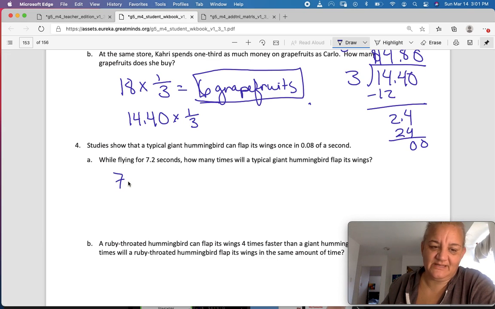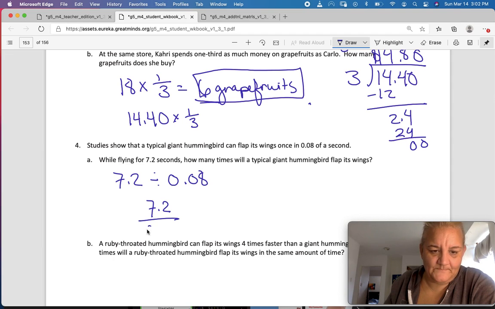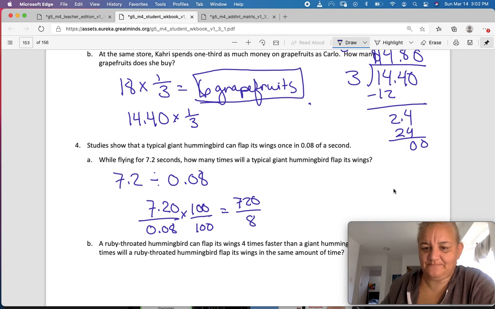So we have 7 2/10 divided by 8/100. Okay, so I'm going to rewrite that as a fraction. I'm going to multiply that fraction by 100 over 100 so that I can move those decimals, and my new answer is going to be 720 because I had to add a 0 here, divided by 8.